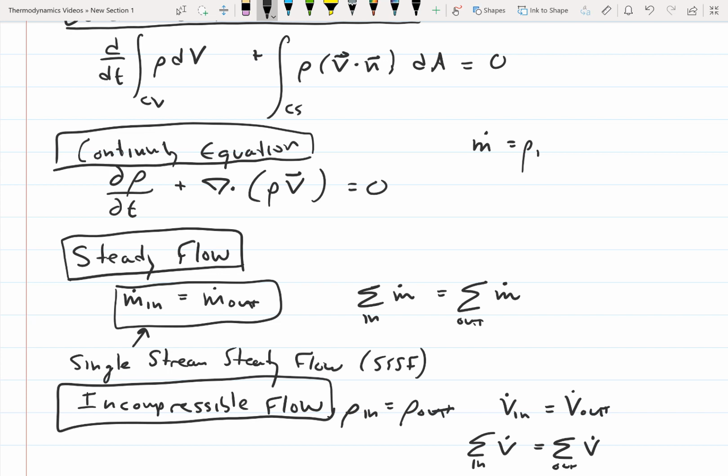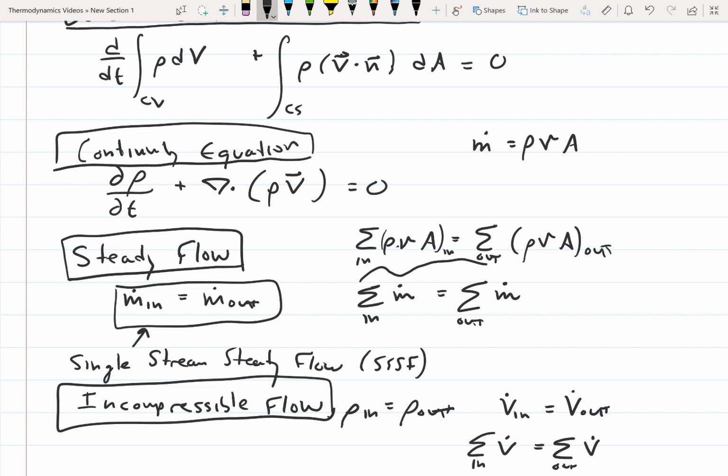And then remember, just for some more general equations, the mass flow rate, m dot, is equal to rho velocity times area A. And so for all of these, like with this one, we can write this as rho in velocity A in is equal to rho velocity out area out.